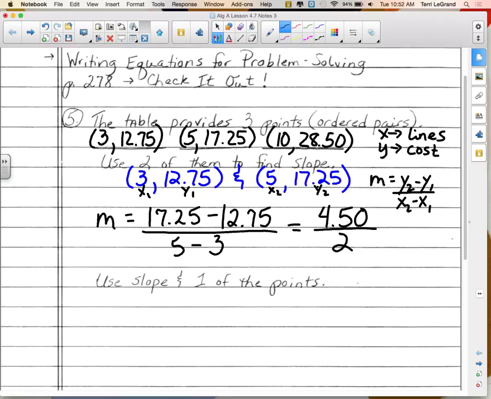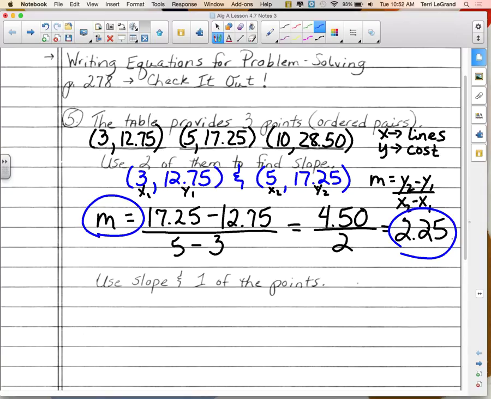Okay, and that's 2.25, isn't it? 2.25. So our slope is 2.25. So that's kind of an important piece of information for us to be able to write a linear function. We needed to know that m is 2.25.